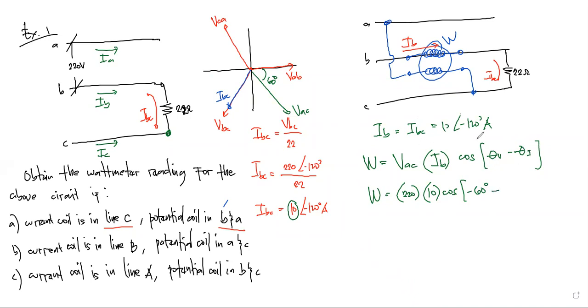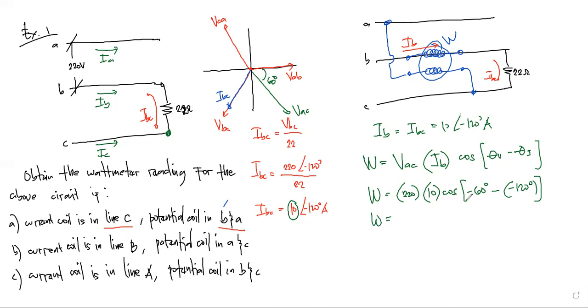Okay, so for the current, try to take a look at the current. IB is the same, no? So as with IBC, that's minus negative 120. Such that the wattmeter reading for the given position, that's 10 times cosine of negative 60.